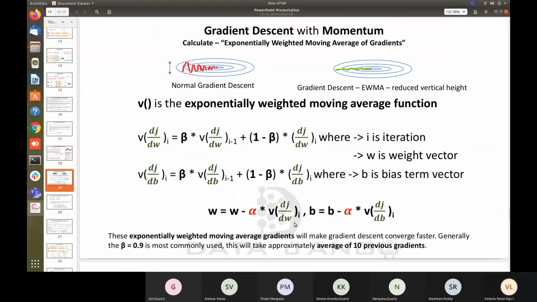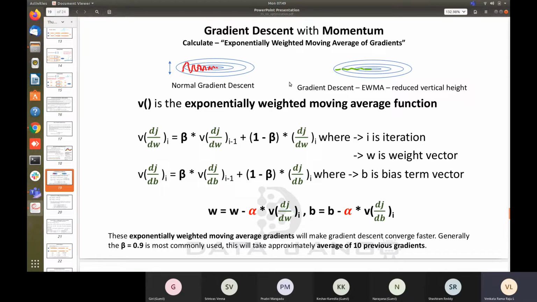This function is nothing but the exponentially weighted moving average. So every time you try to calculate the gradient, you actually consider the previous gradients. What is the advantage of doing that? The next gradient calculated is going to be more accurate, right?